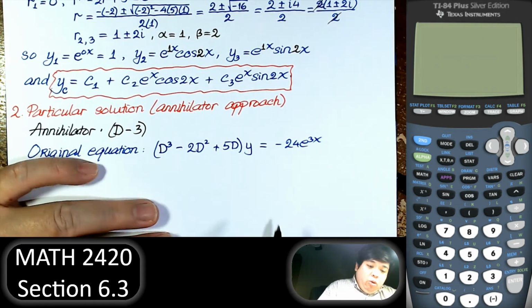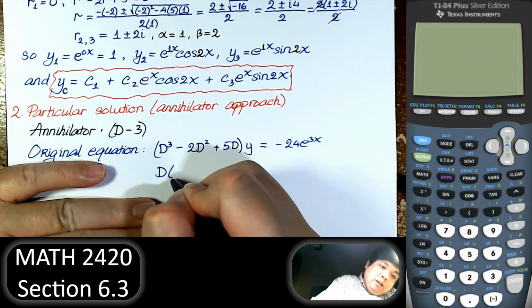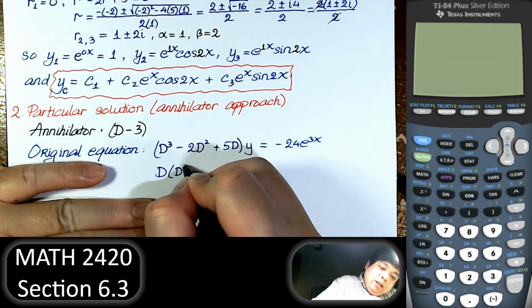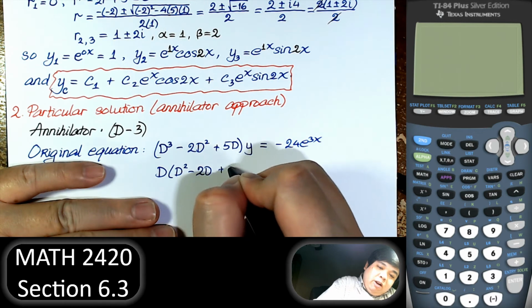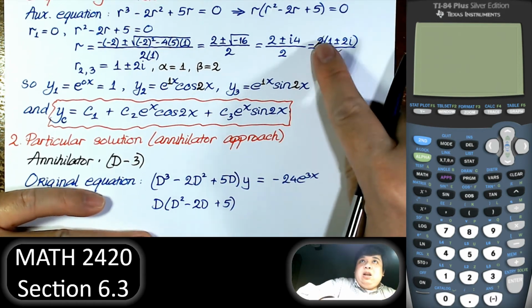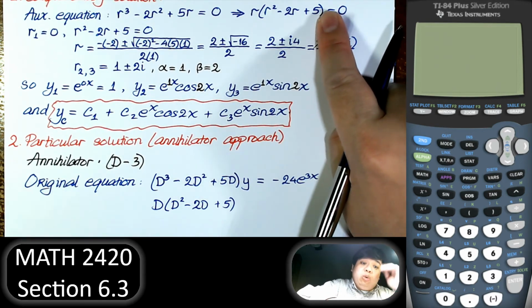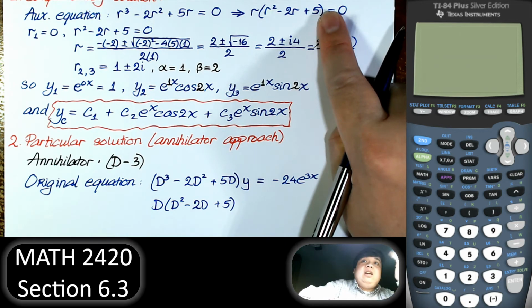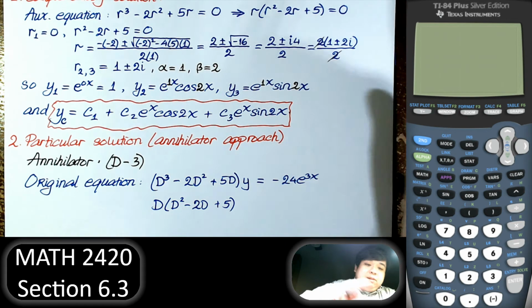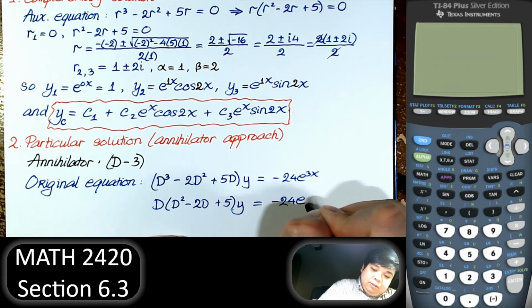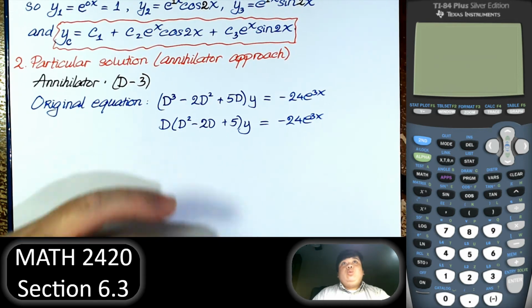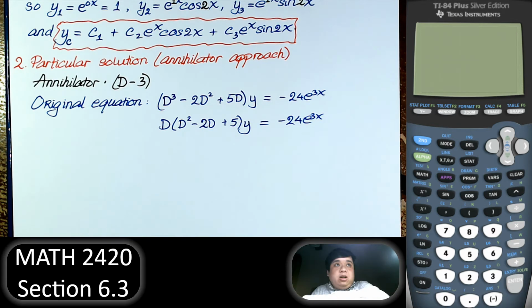Of course, if we rewrite this, we have d squared minus 2d plus 5, which is exactly the same as the auxiliary equation, but instead of r, we have D. Right. Next, we apply the annihilator on both sides.